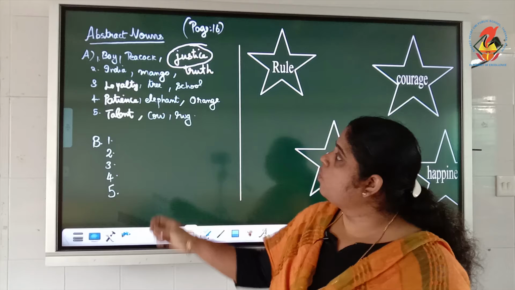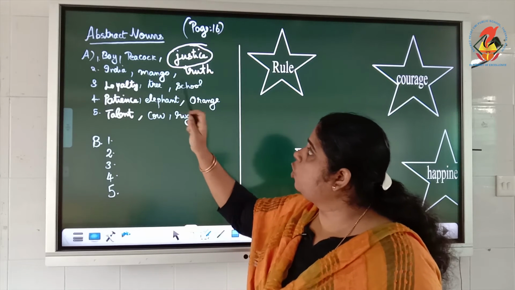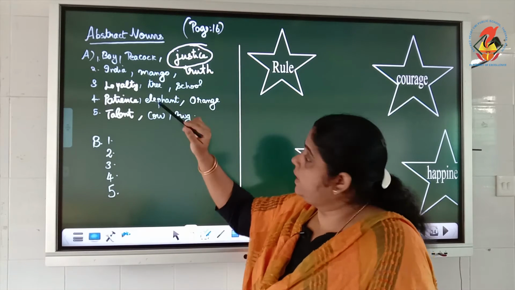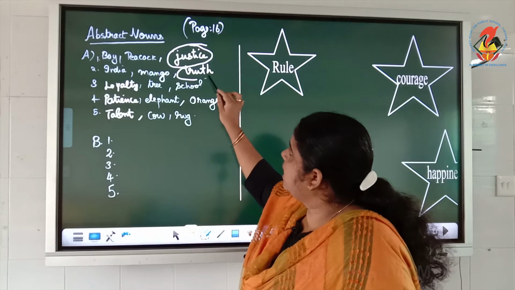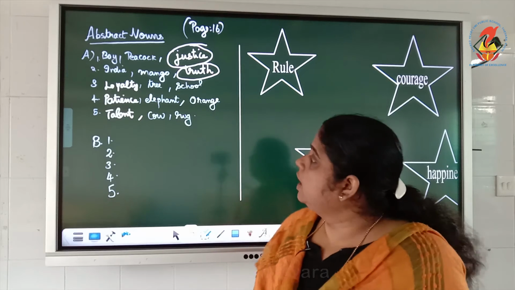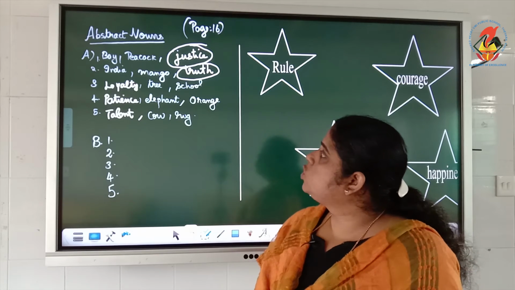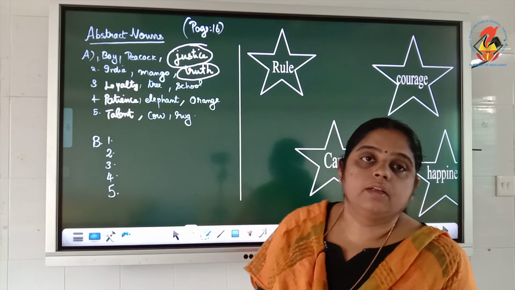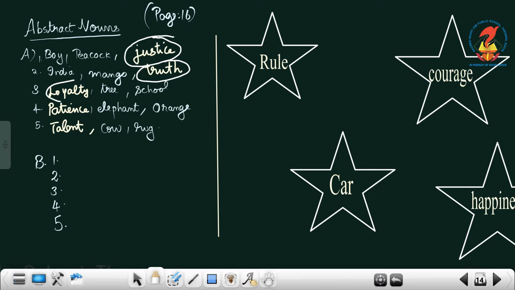Then second one, India, mango, truth. Yes, truth is the abstract noun. You can see India, mango and truth. You can show these things but you cannot touch and show this is truth. Then third one, loyalty, tree, school. Yes, loyalty.